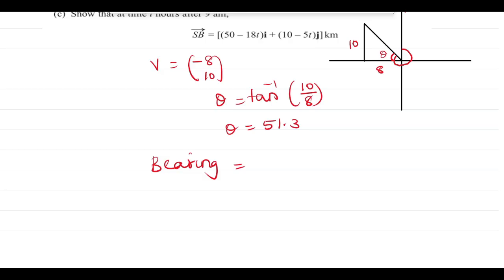So we have to add 270 plus 51, which is 321 degrees. This is the bearing.